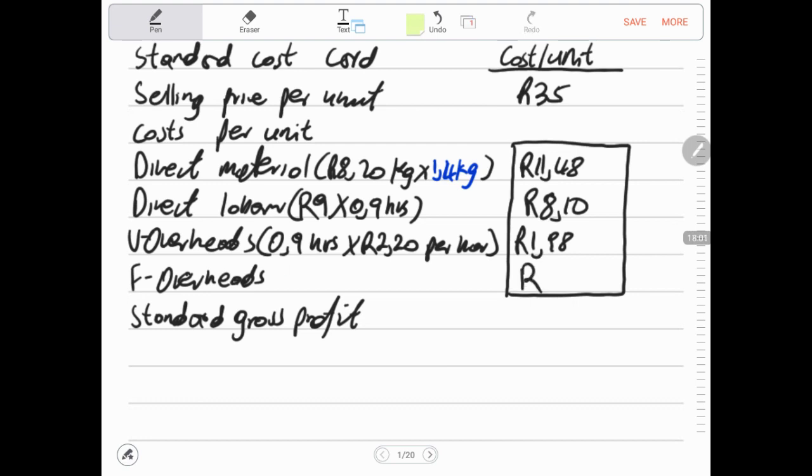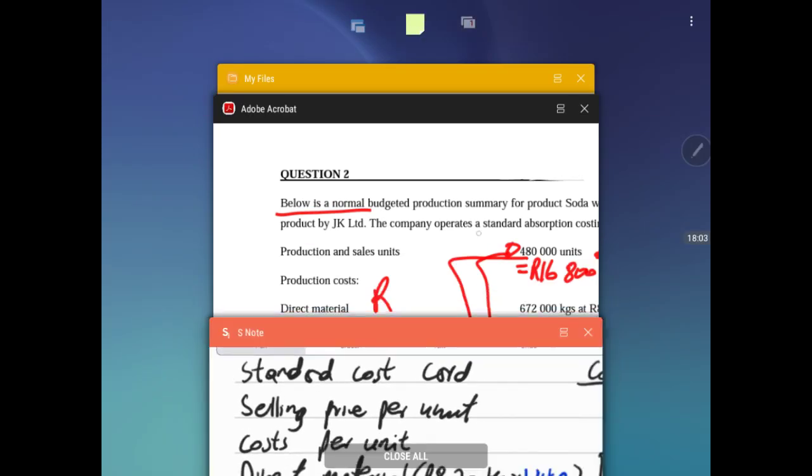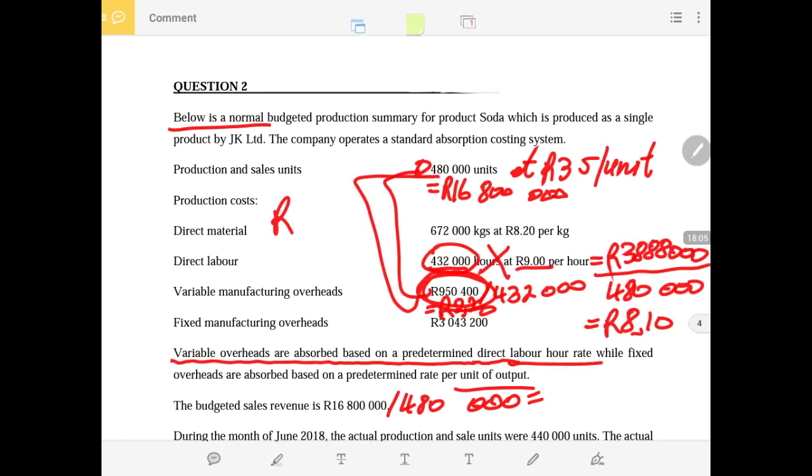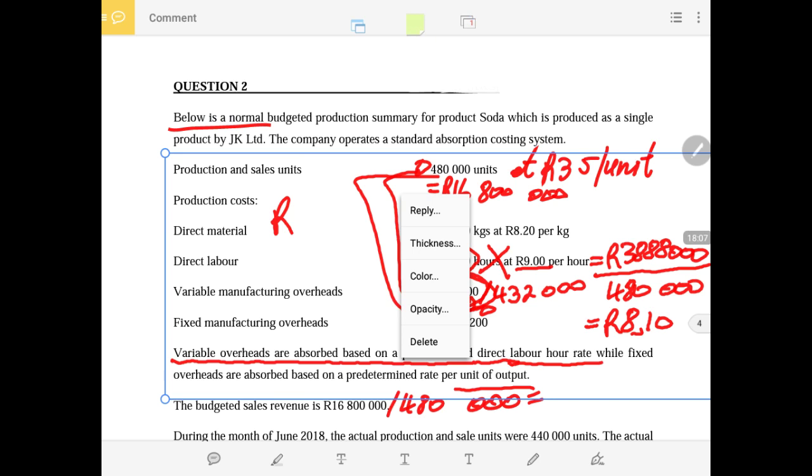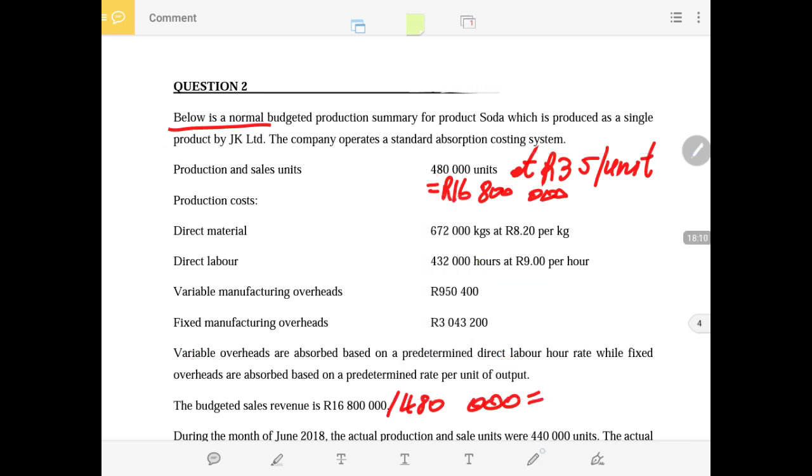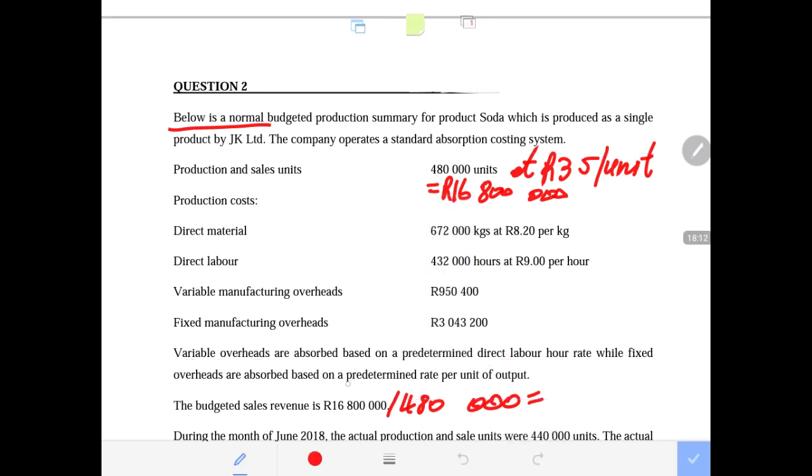Our fixed overheads are absorbed based on the output per unit, based on the predetermined rate per unit, meaning the fixed overheads is not based on hours. No. It is based on production, and our production is 480,000 units. So now we have the total, and we need it per unit: 480,000.